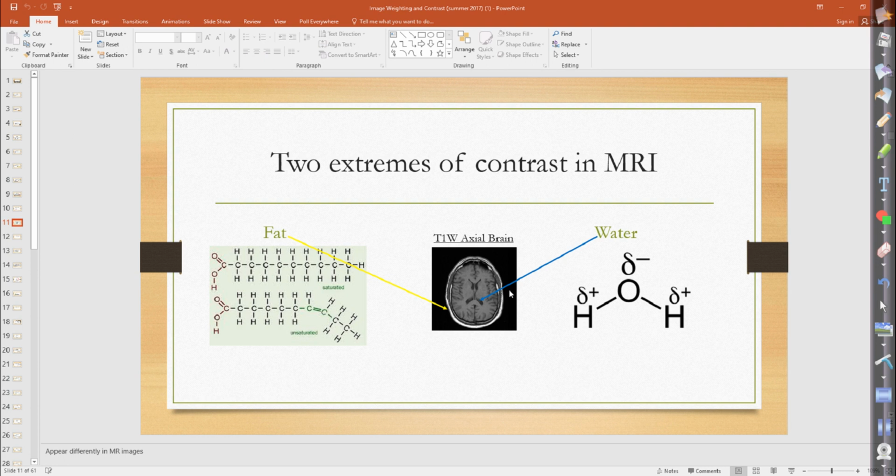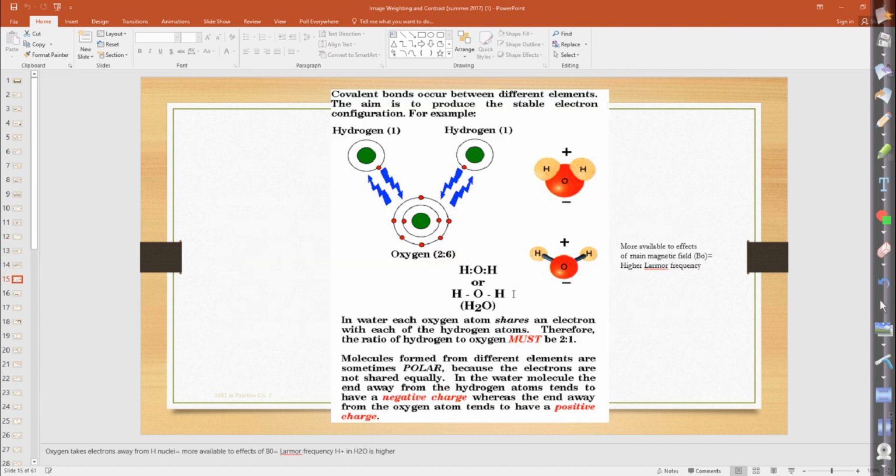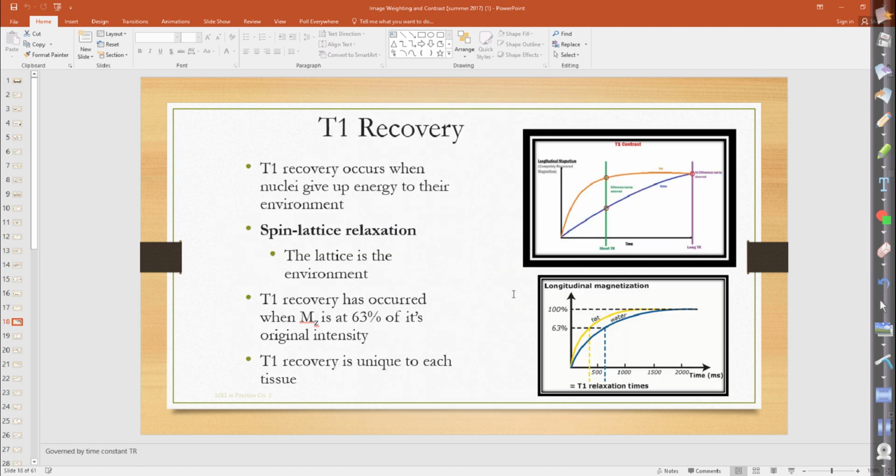So it's now more susceptible to that strong magnetic field. So it actually has a little bit different precession rate than fat.